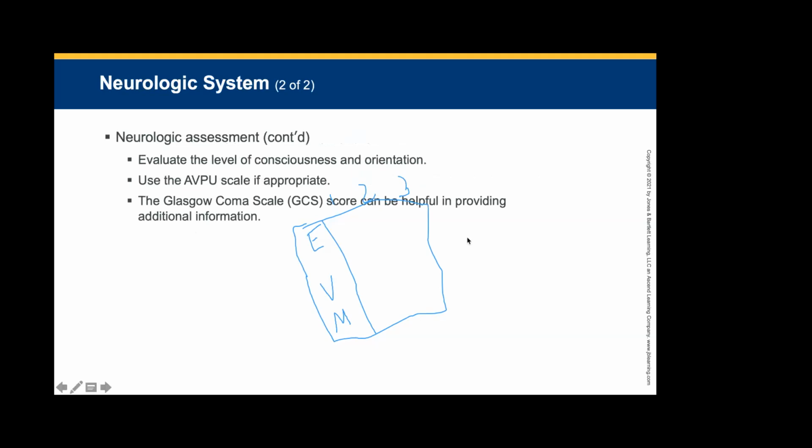So here a dead person gets a 1, 1, and 1. That means they do not open their eyes, they make no sounds, and they make no movements. To get a 2 for eyes, you have to open your eyes in response to pain. For verbal you make sounds, and for motor there is extension to painful stimuli.